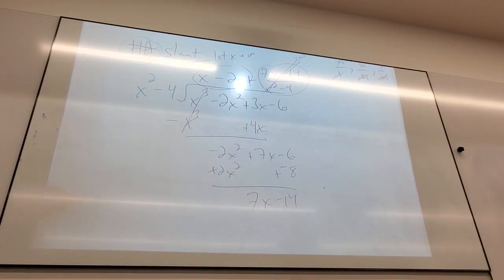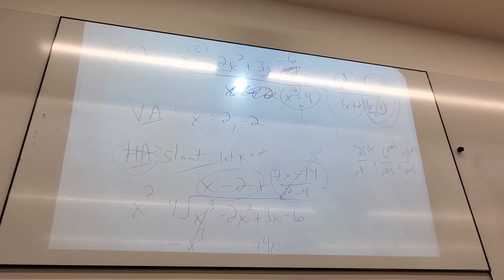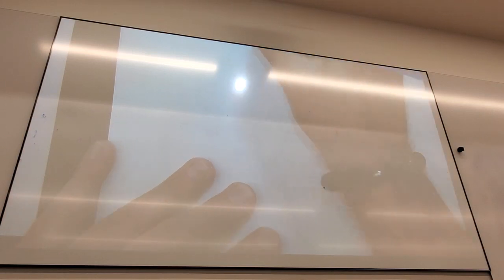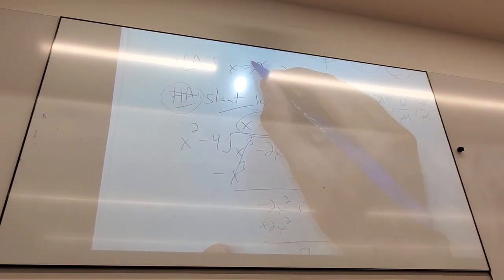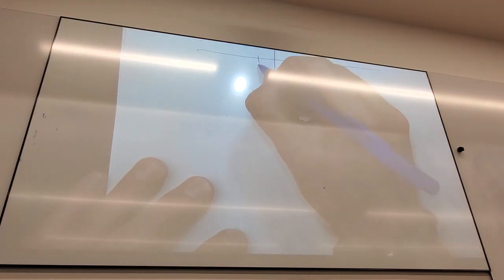So if I try to graph a bit of what I know, I've got one real vertical asymptote. It's going to be this one. So I got an asymptote at -2.